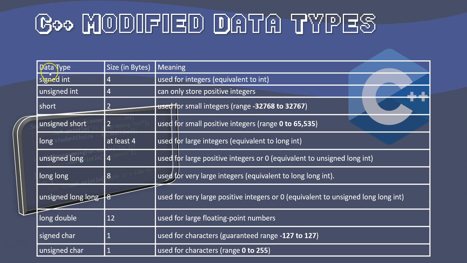One of the things you might notice, for example, if we look at signed and unsigned int, which is a very common one we might use, you'll notice that a signed integer is used for integers, which is equivalent to the int data type that we are familiar with. An unsigned integer, though, is used to only store positive integers. So starting at 0 and working its way up.